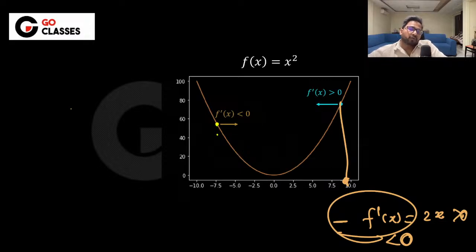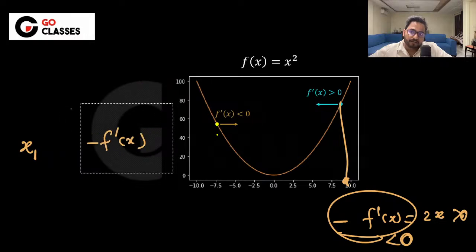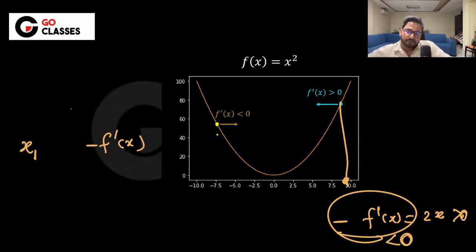So basically how much to go, which means if this is x1, then you need to go in the direction of minus f dash x. Now how much to go? You will be adding this minus f dash x here, but how much is given by alpha.